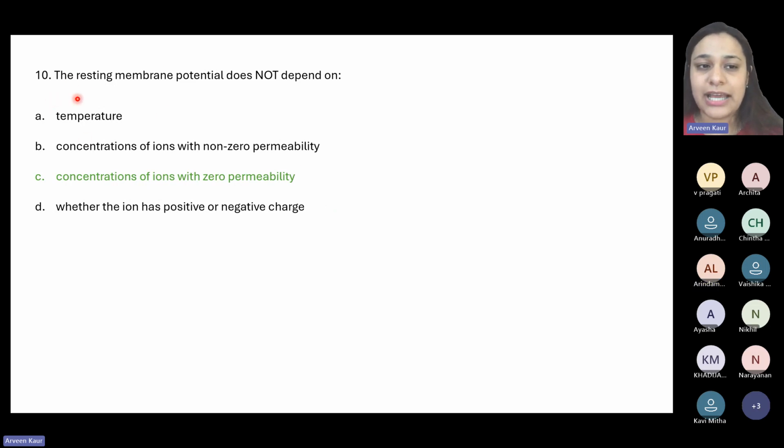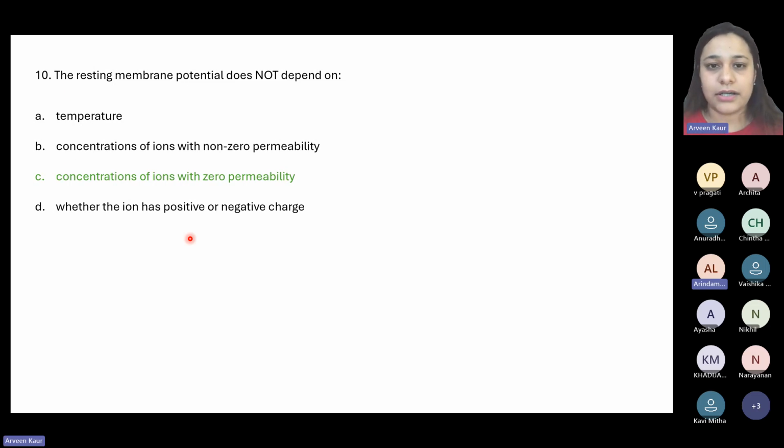And temperature can actually alter the composition of the membrane, or how densely or loosely it is packed, up to a certain extent, right? Also, there are some mechanically gated or sensing ion channels that can open or close in response to temperature. So that is why temperature is also going to affect the resting membrane potential.